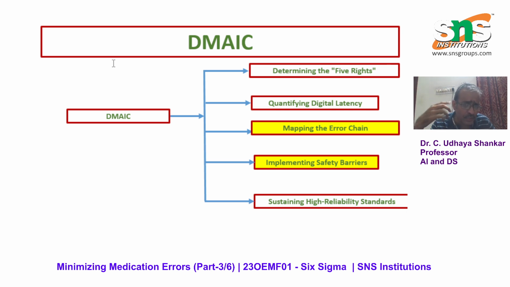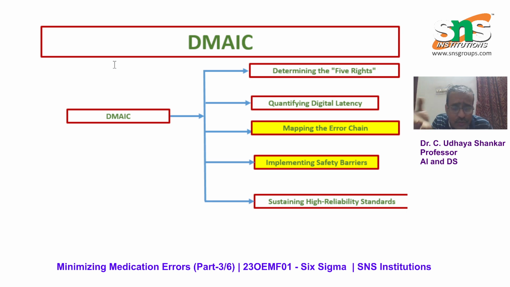These things we have discussed, and now we will be discussing the analyze and improve phases. In the analyze phase, we will be discussing mapping the error chain, and in the improve phase, implementing the safety barriers.